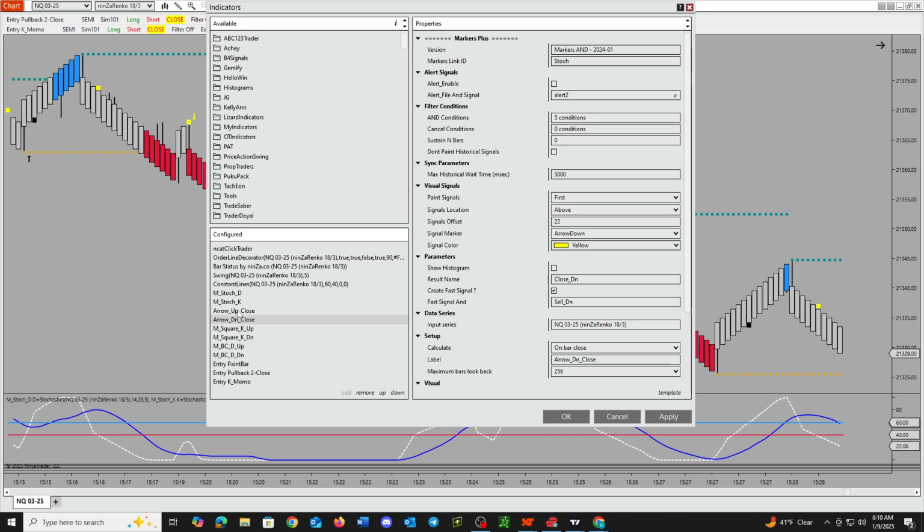So you'll notice here in markers I have a naming convention that I use. What I didn't do here is I deviated. I usually put M for markers. And then following the M, if I just see an indicator name, I know that that's a copied indicator.